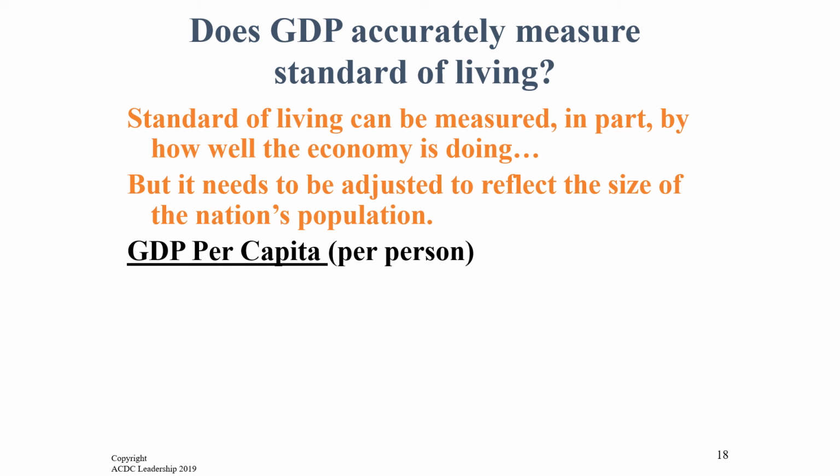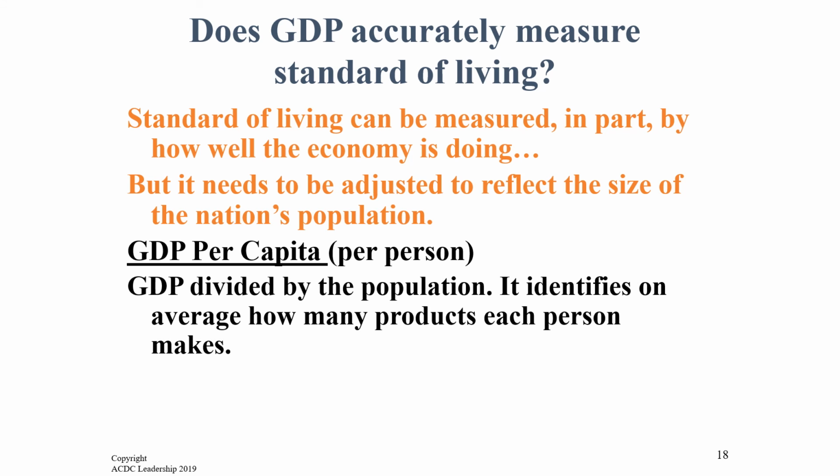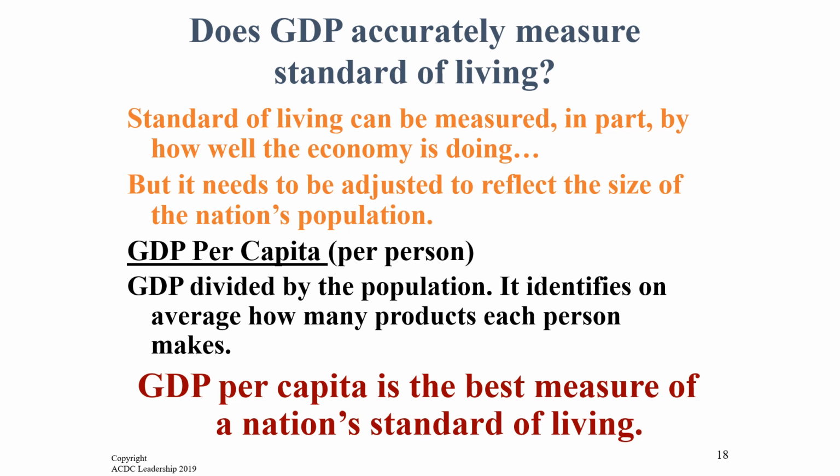Okay, so that brings us to GDP per capita or per person. And so that's GDP divided by the population, and it identifies on average how many products each person makes per year. So it's not how much consumption, but how much production, right? So keep that in mind.